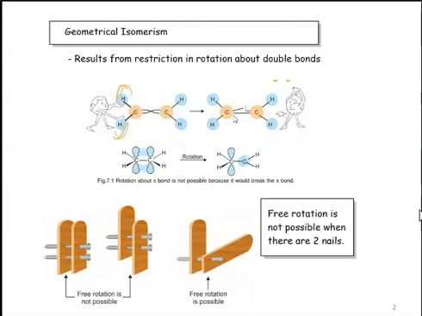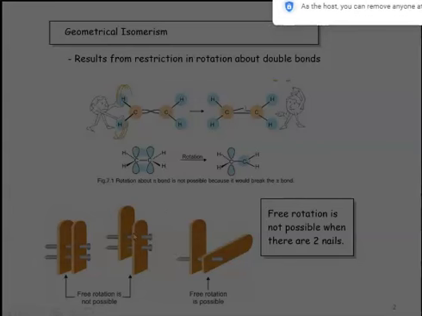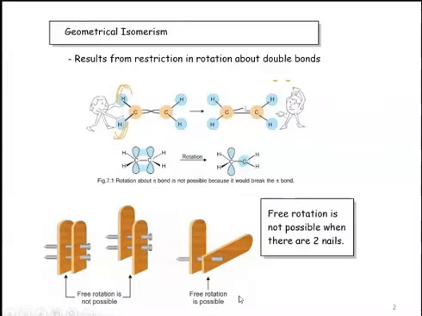Okay, and to make things simpler, we have taken an example like this. Here you can see there are two plies which are attached to each other through two nails.